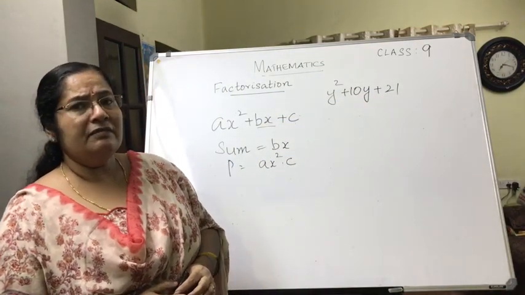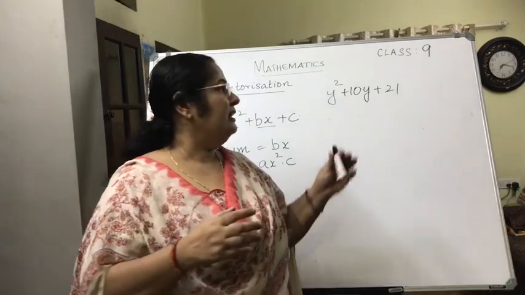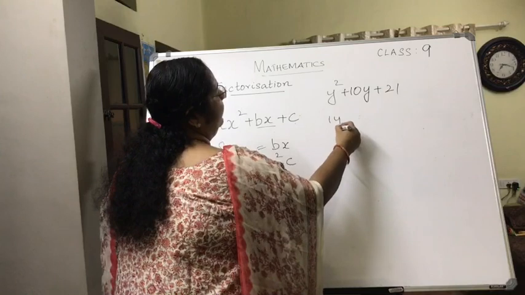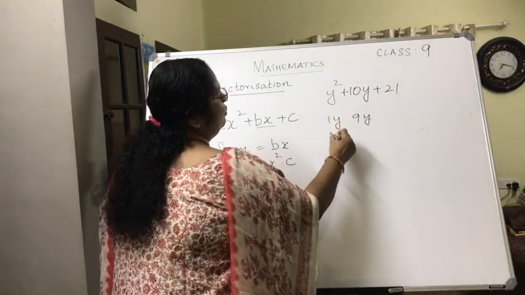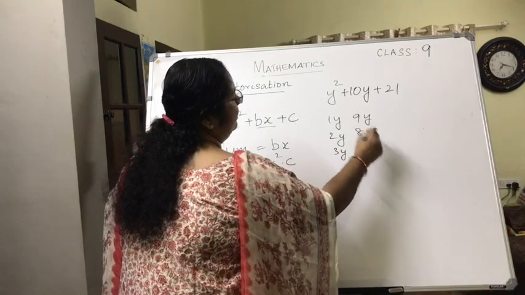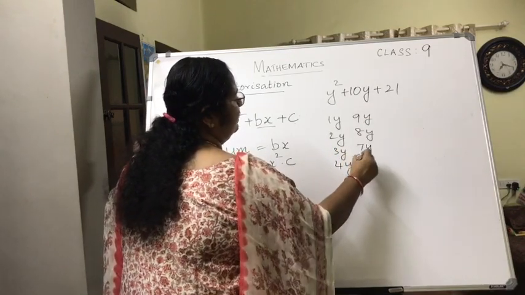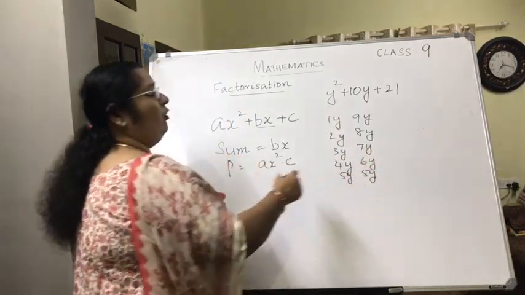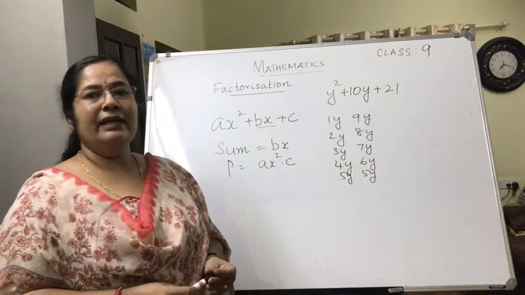So which are the terms on adding you will be getting 10y? You can have 1y and 9y, 2y and 8y, 3y and 7y, 4y and 6y, or 5y and 5y. In all these cases the sum will be 10y.